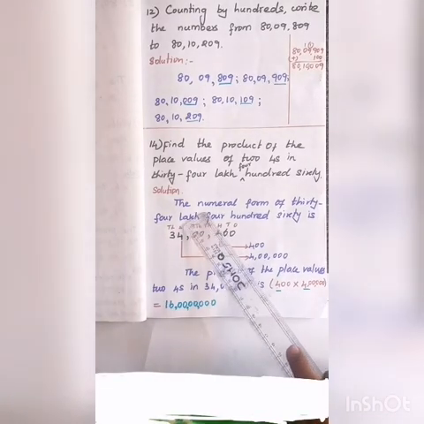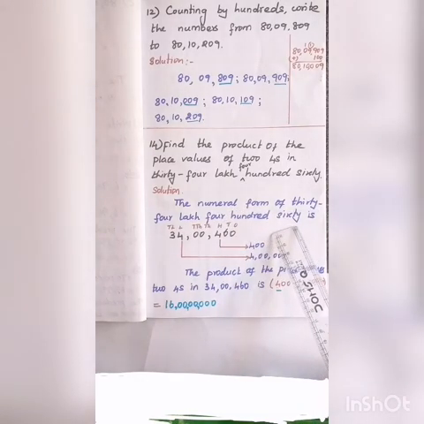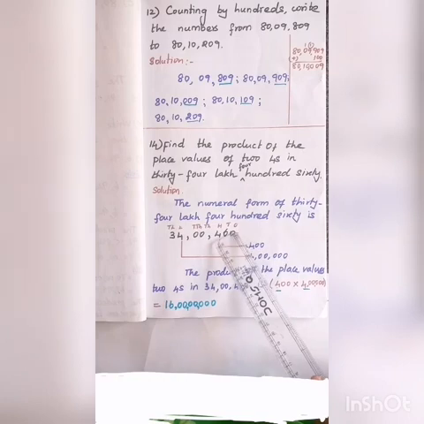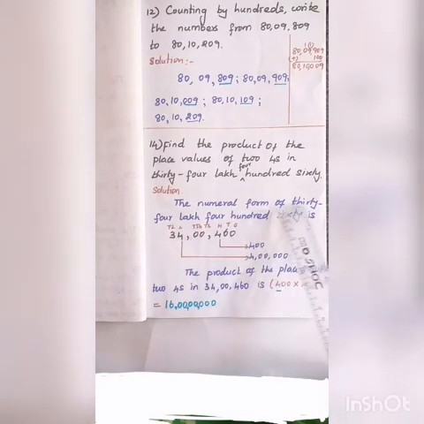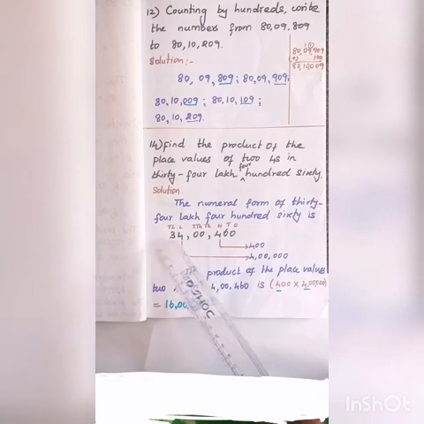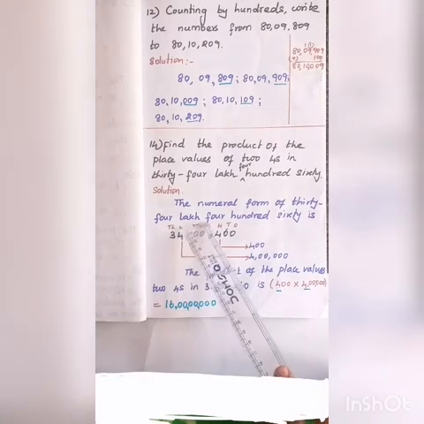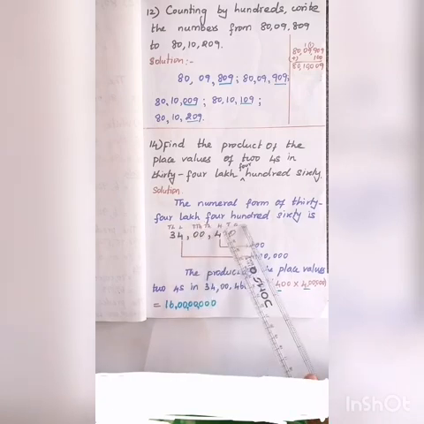First of all, you write the numeral form of 34 lakh 460, with 3 in the ten lakhs place and 4 in the lakh place, 2 zeros for the thousands place, then 460.